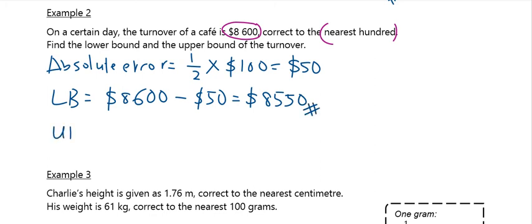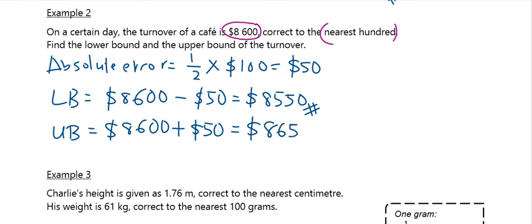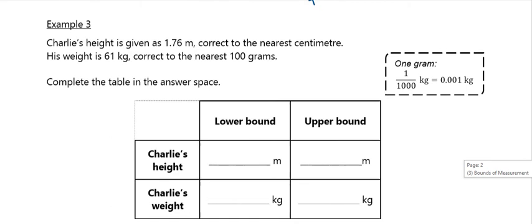And for your upper bound, it is your turnover, and then you have to add the absolute error. So your upper bound will be $8,650, right? Okay, that's for the second example. So quite simple. Okay, next one is here.